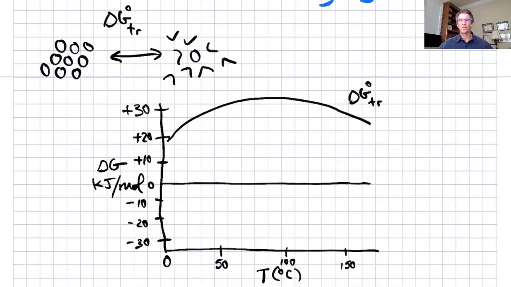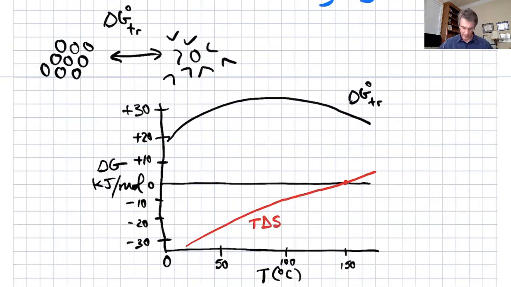But check this out. When you break down that transfer free energy into its constituent parts, what you find is that the T delta S component does something like this over here. So this is T delta S, right?